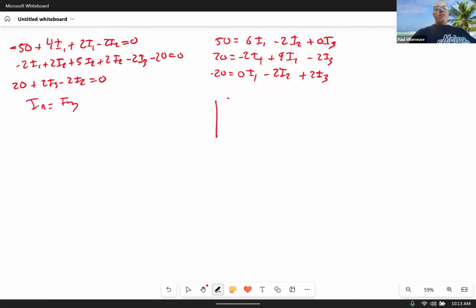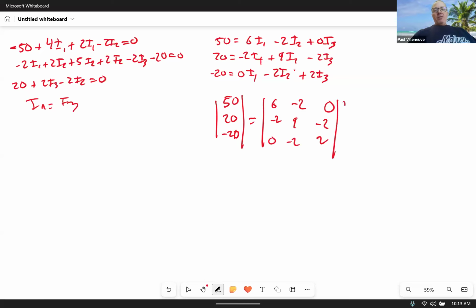So now 50, 20, minus 20 equals the matrix 6, minus 2, 0; minus 2, 9, minus 2; 0, minus 2, 2 times I1, I2, and I3. So you would solve for I3, or we can even call that IN.